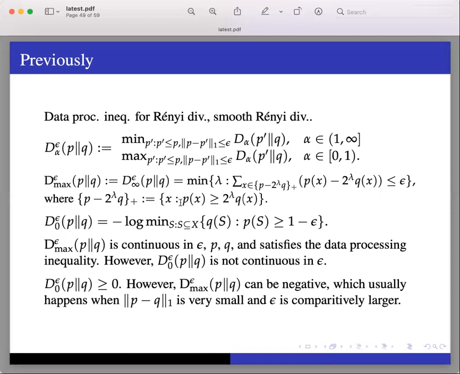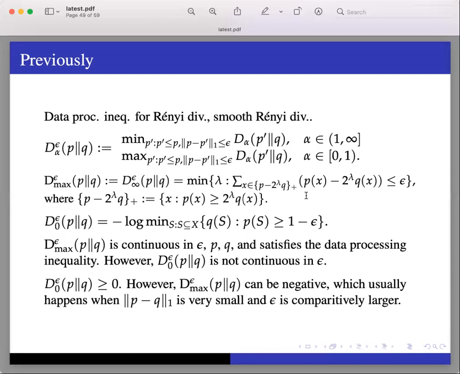So for those pesky x's, I will lower P down to 2 to the lambda times Q(x). That is the definition of P prime. So P prime is the same as P, except in this plus set, P prime(x) is defined to be 2 to the lambda times Q(x). And I want to say that the difference between P and P prime is not much.